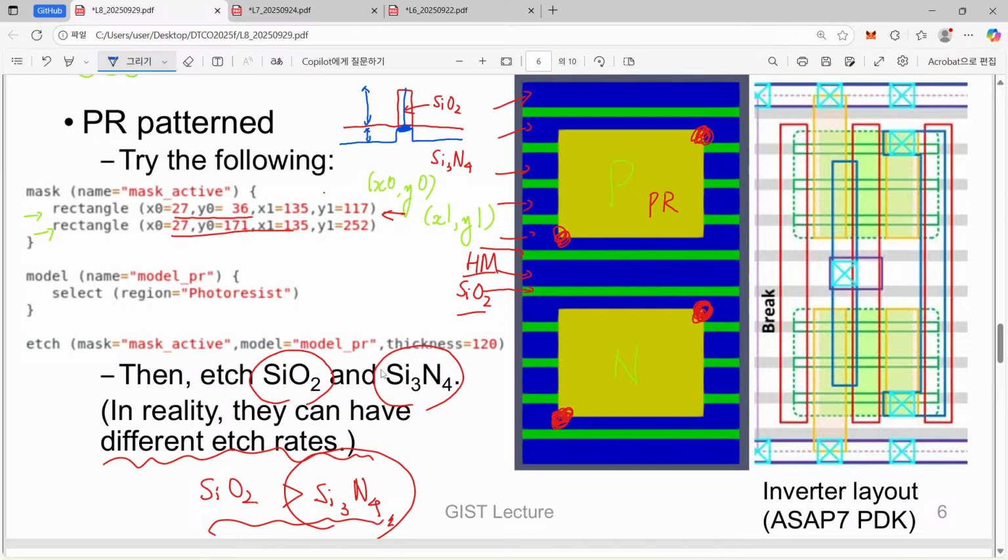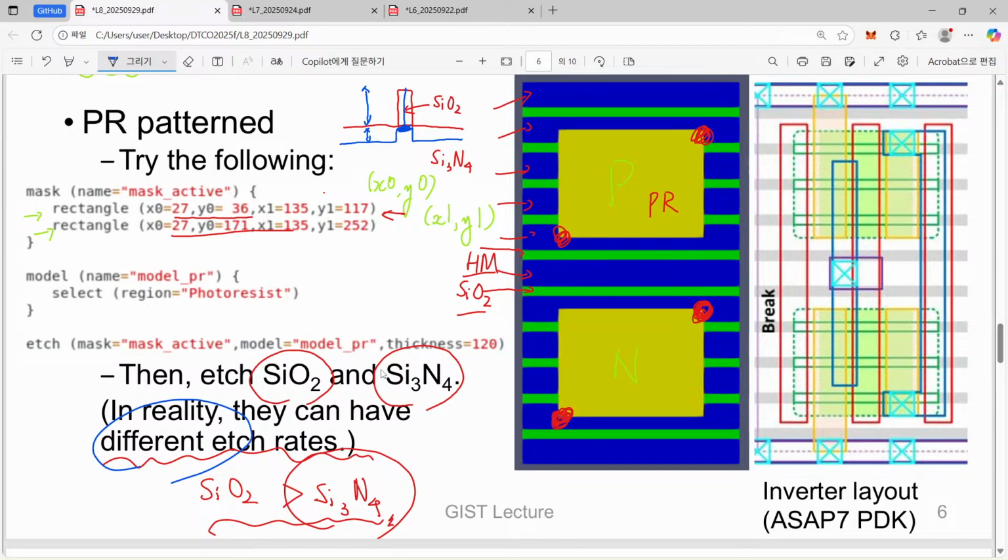That will be the case when they have different etch rates, and that is the realistic case. But unfortunately, as all of you understand, right now there is no way for me to introduce different etch rates for different materials. So material selection is just done in a binary way.